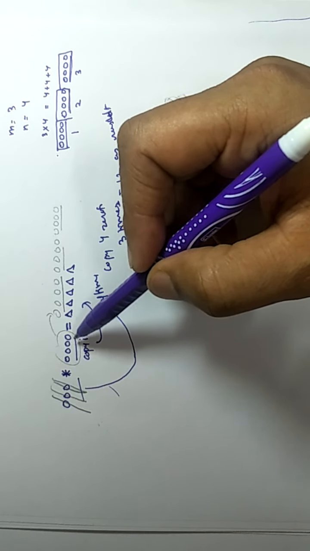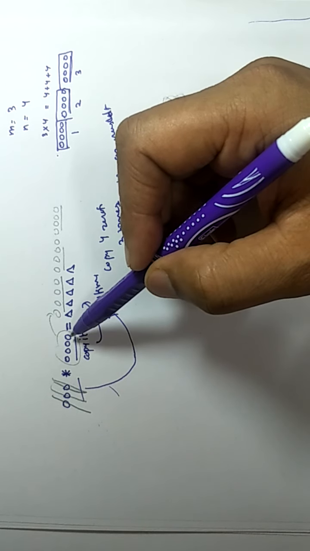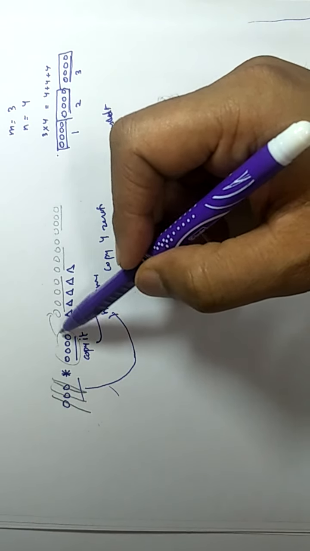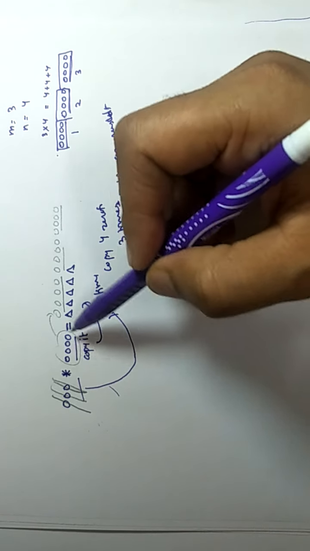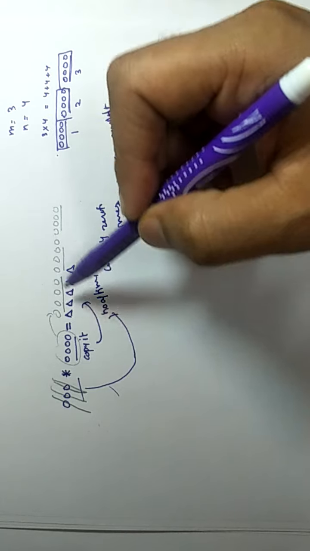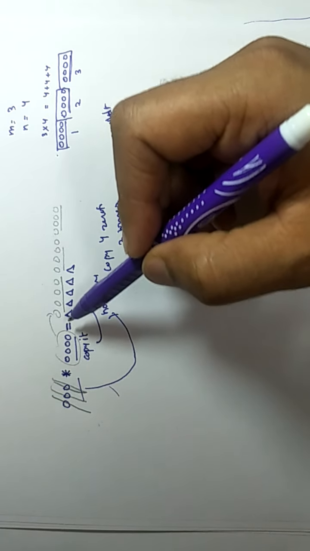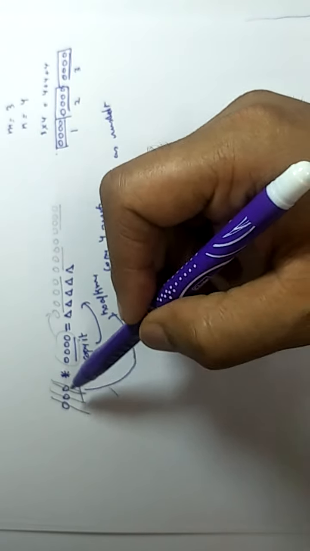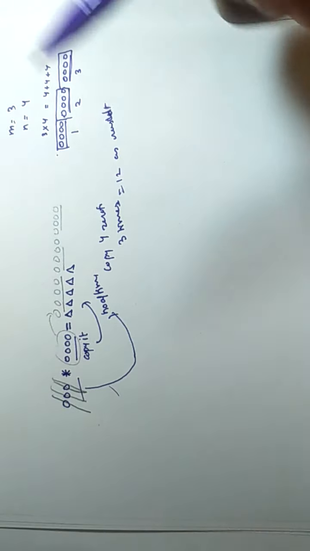We will come back and mark it as x, and copy it here, and we will come back, and we do not find any 0. If all 4 are converted to x and all 4 zeros are copied here, it means that we have no other 0. So we will come back here, and we will repeat this process again.